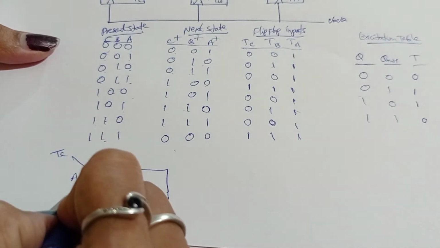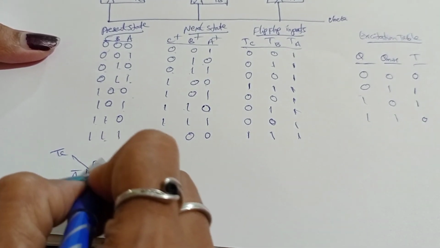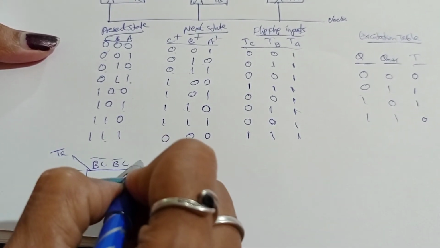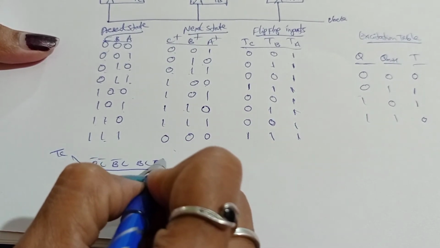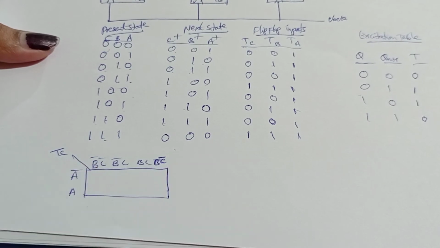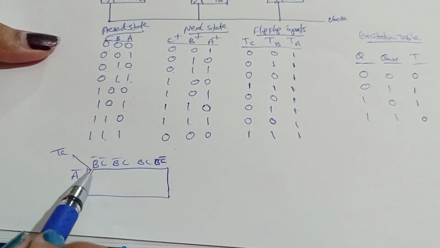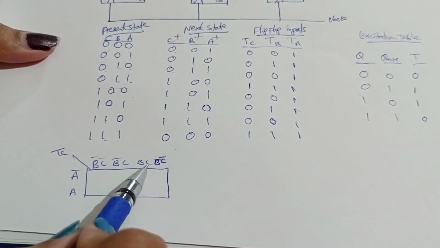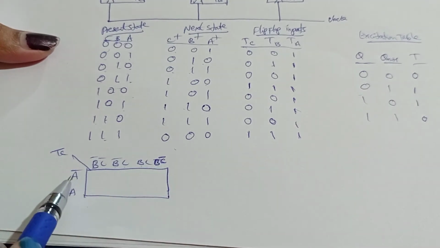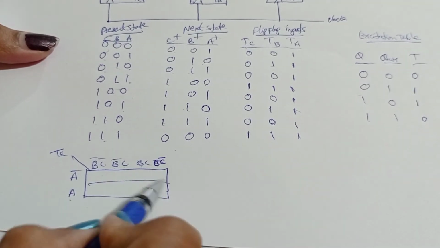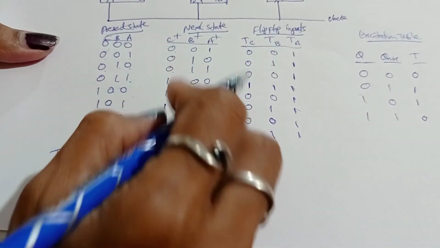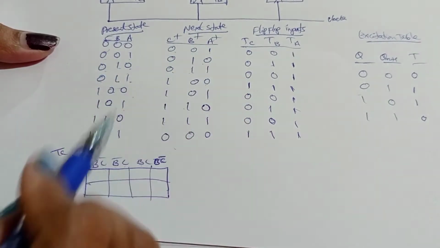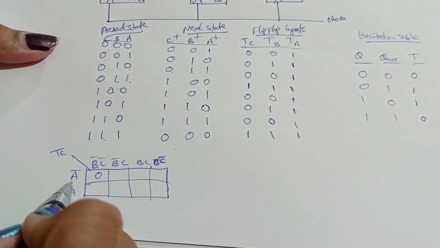This side A, BC: B bar C bar, B bar C, BC, BC bar. This side A bar, A. Now we'll write the values. For all zeros, 0.